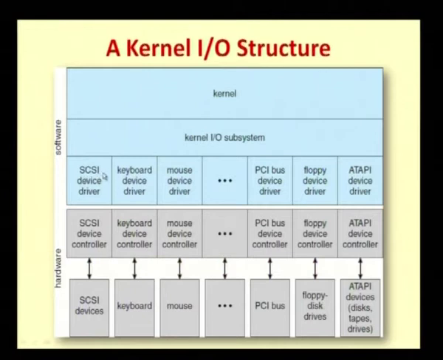We have one other device driver called the keyboard device driver, mouse device driver, and so on, and we have the PCI bus device driver. PCI denotes peripheral component interconnect, and we have a floppy device driver and ATAPI device driver. ATAPI denotes AT attachment packet interface. So we have these many device drivers kept in the operating system.